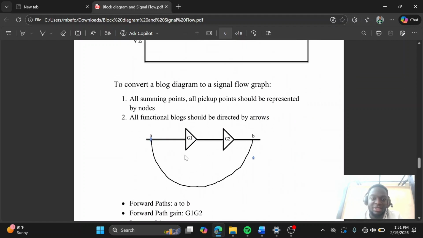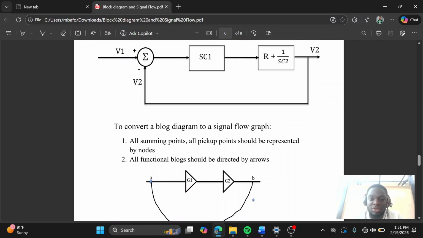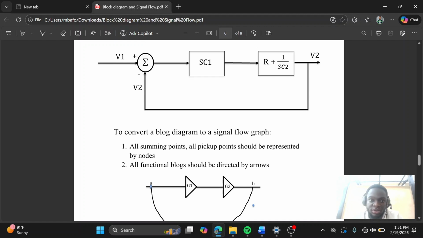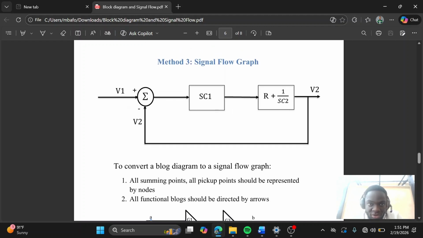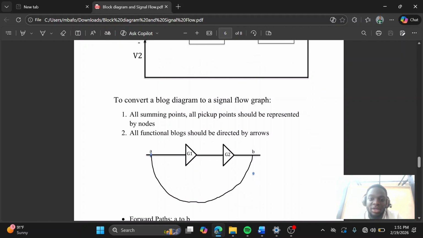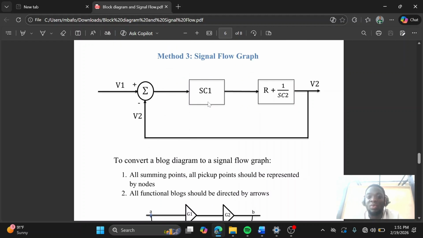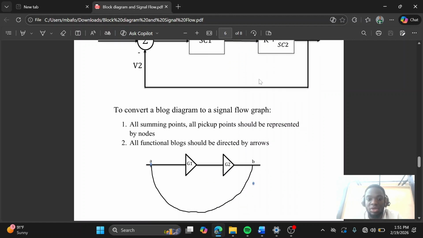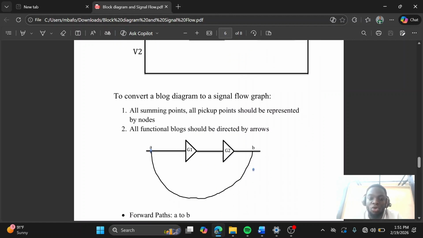And all functional blocks should be directed by arrows. So G1 and G2, that's the SC1, and the block that contains R plus 1 over SC2, are both represented by arrows G1, G2.